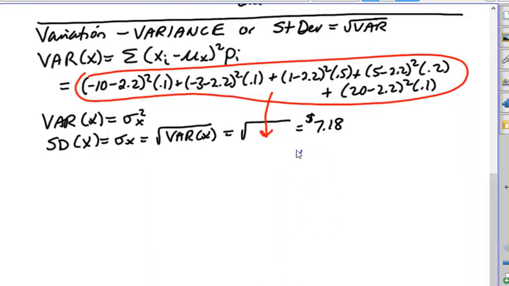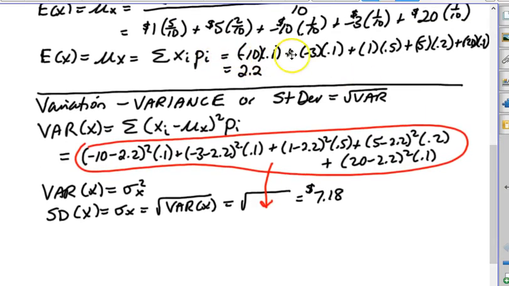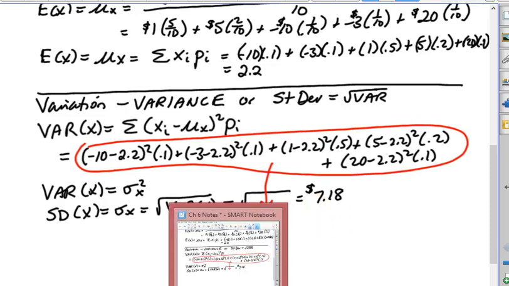So what are you required to show for me or for the AP exam? You would be required to show that you can set the formula up like this or like this. But then, after setting the formula up, you can do the actual computation on your calculator. So to set up the computation on your calculator, it would look like this.